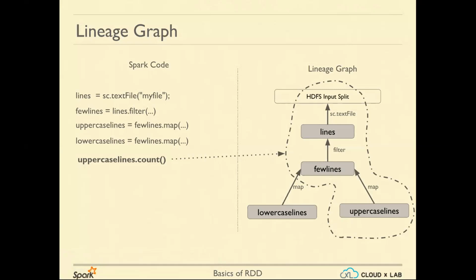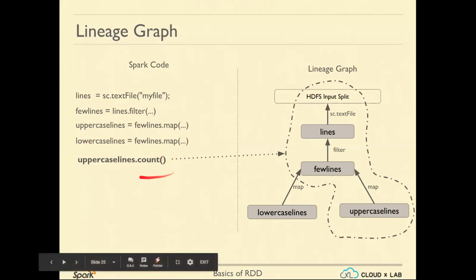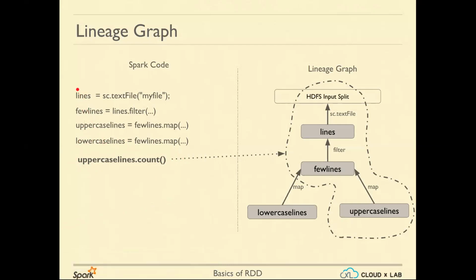A question from Gautam: RDDs are stored in memory, right? Now you can see that unless a count is executed, how much memory will be used by lines, fewLines, uppercaseLines, or lowercaseLines? Anybody?